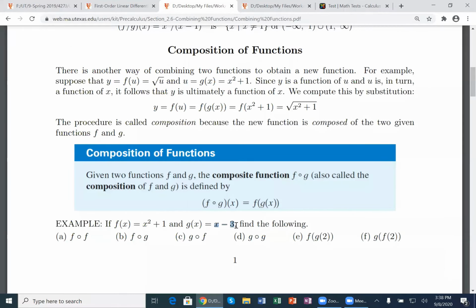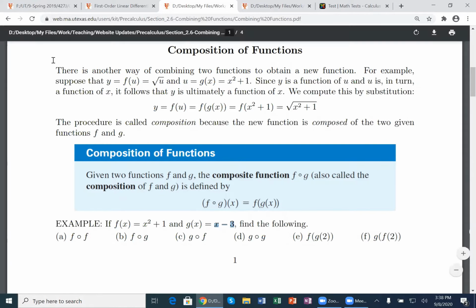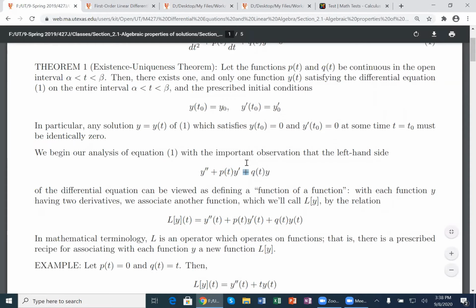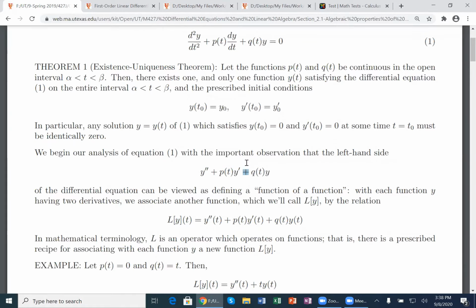And therefore, you may ask a question, what's the difference between an operator and the composition of functions? Well, guys, in some sense, we use more tools to come up with a function of a function. Here's what I mean by that.